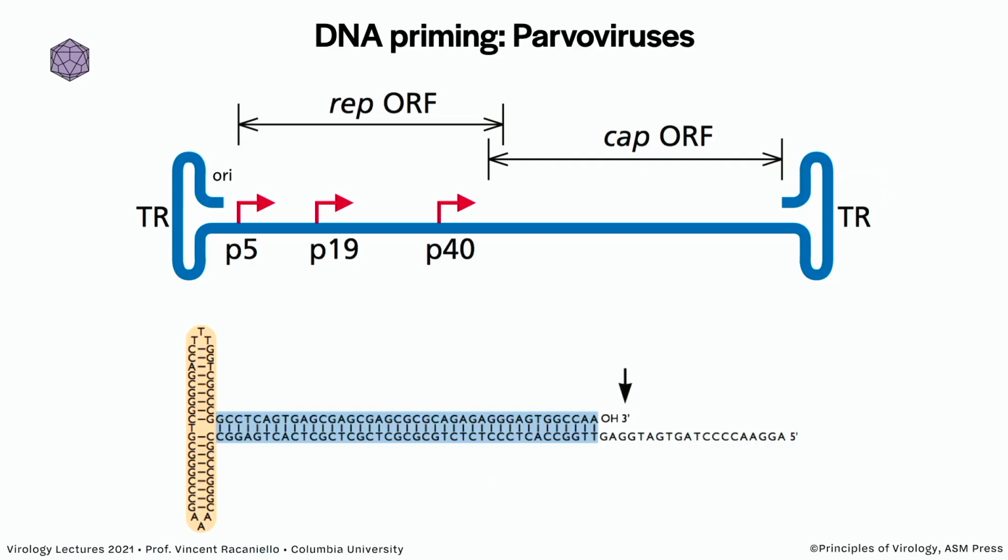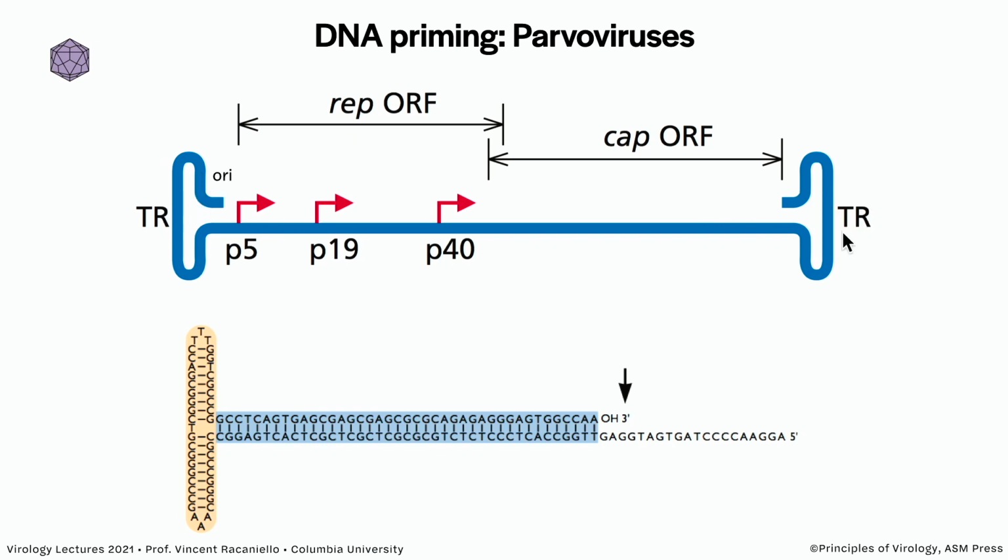All right, so now let's move to another virus with a different solution, the parvoviruses, and we're going to see how DNA priming works. And here we have this unusual single-stranded DNA, which is in the virus particle right there on the upper left. It has a single-stranded genome for most of it, but the ends are folded into what are called terminal repeats.